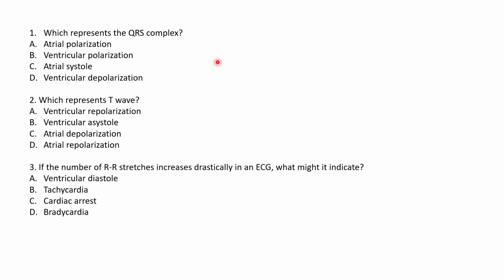But from what I have surmised so far, if you have more of these repeats, then you're going to have more beats within a particular amount of time. So that's tachycardia, essentially meaning that your heart is beating really rapidly. Bradycardia is the opposite of that, where it's beating much slower than it should. And obviously, option A doesn't make sense, and cardiac arrest means that the heart has stopped.